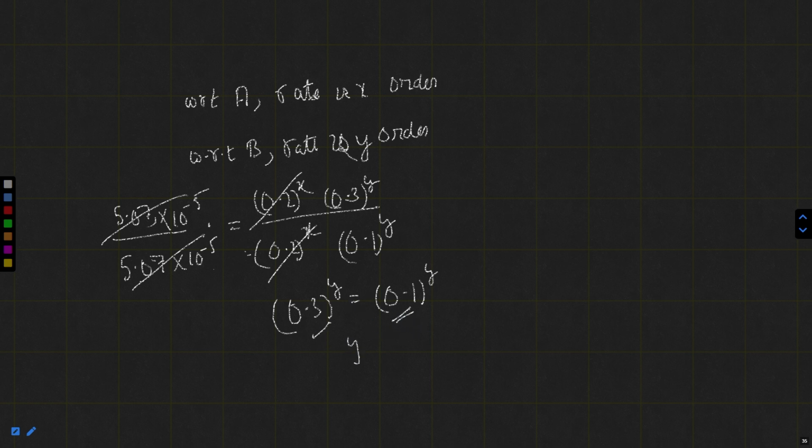If we take Y is equal to 0, this will be 1 and this will be 1. Okay. In that case only, if Y is equal to 0, we can say that it is a valid equation. So this means that the value of Y is 0.